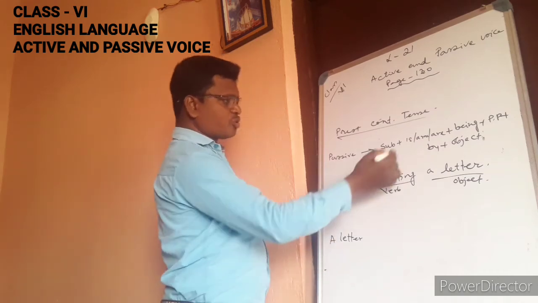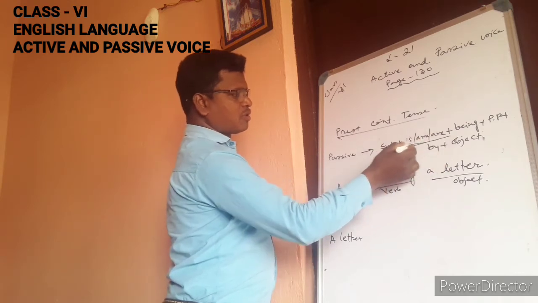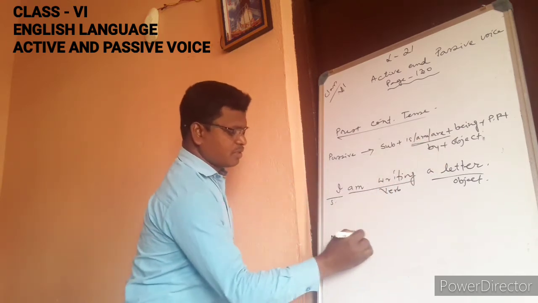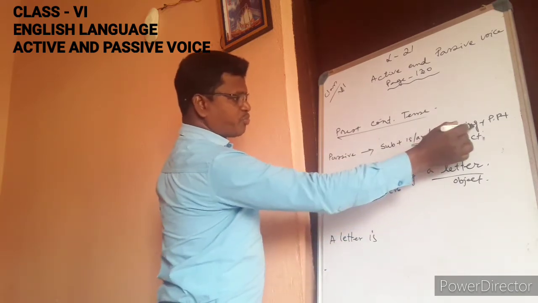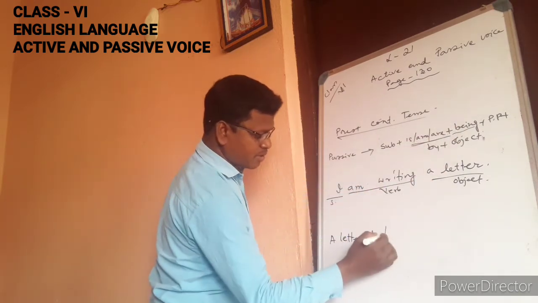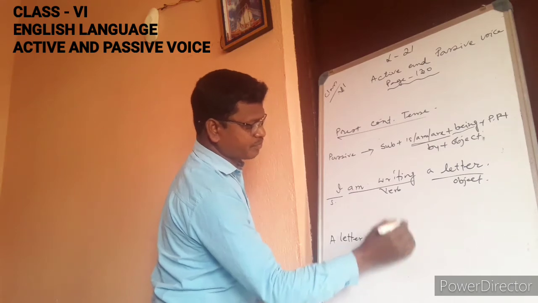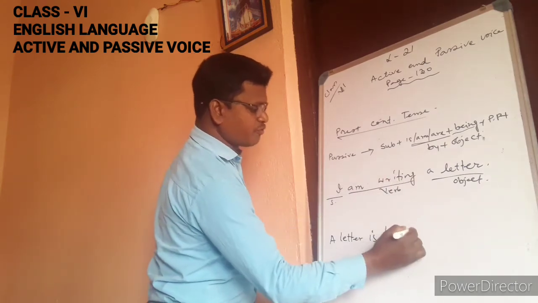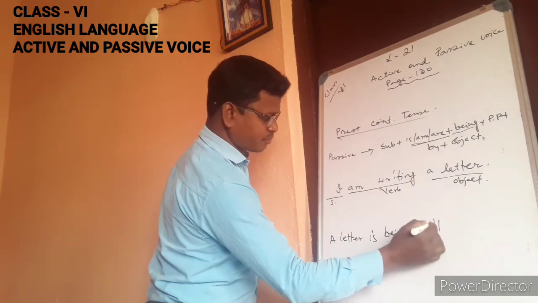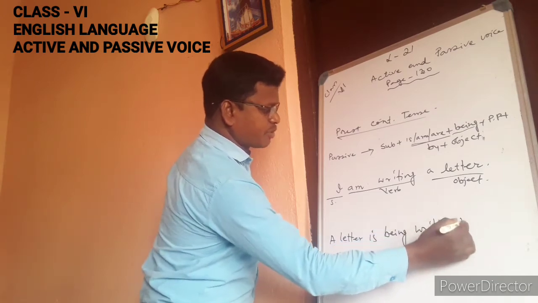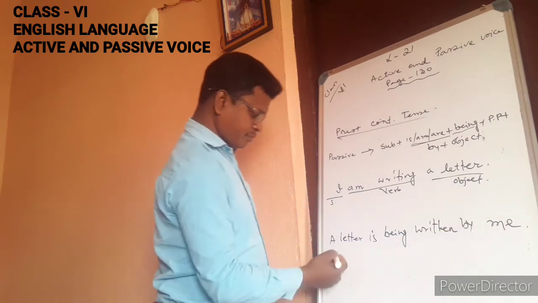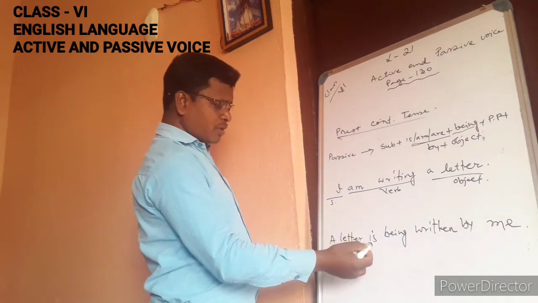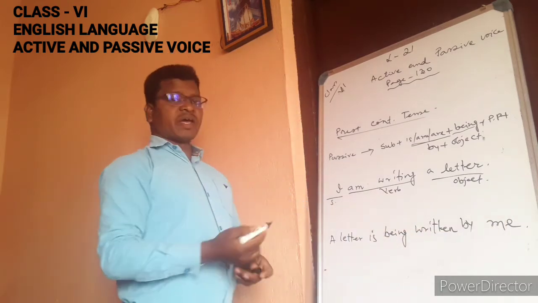Then, as I already told you, a letter is, then this being, okay, a letter is being, past participle of the main verb, written. Then we write by, then comes the object, by me. A letter is being written by me.